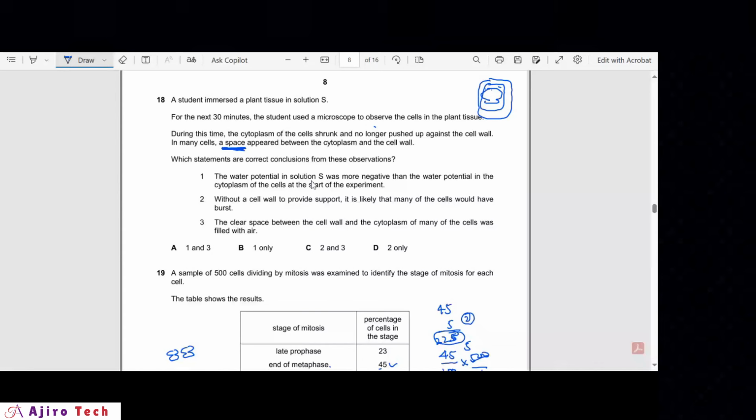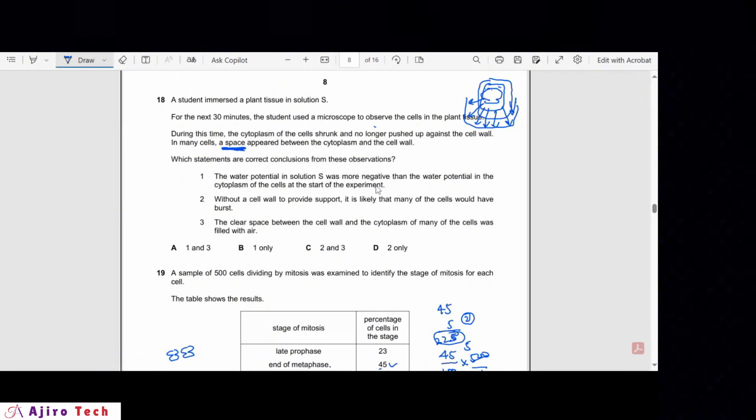The water potential in solution X was more negative than the water potential in the cytoplasm of the cells at the start of the experiment. Of course, yes. That's why water had to move out of the cell. Now, without a cell wall to provide support, it is likely that many of the cells would have burst. Of course, this would have been the case if water moved into the cell.